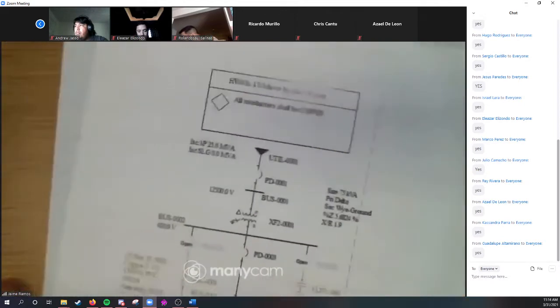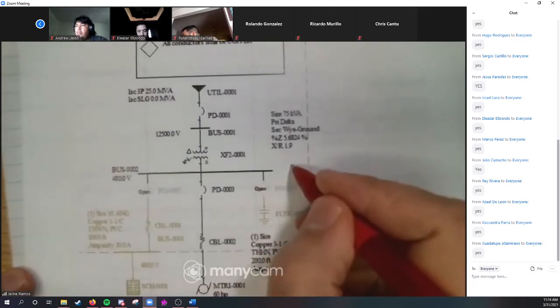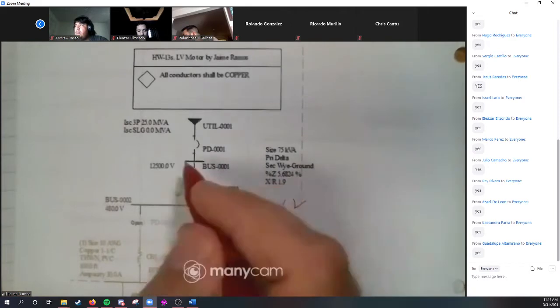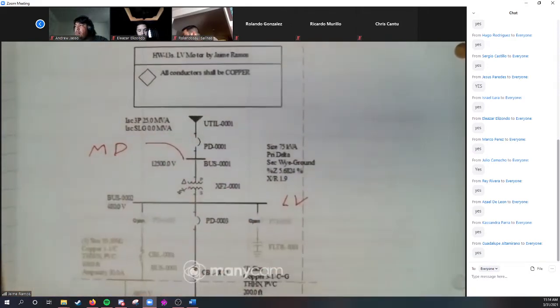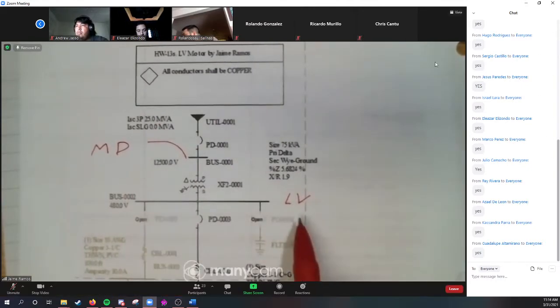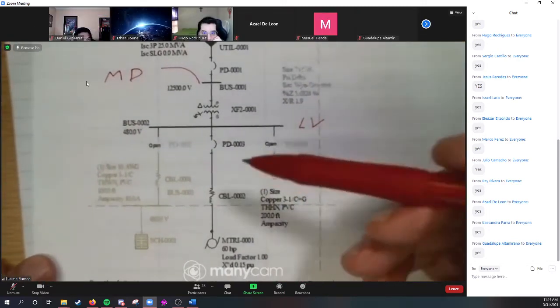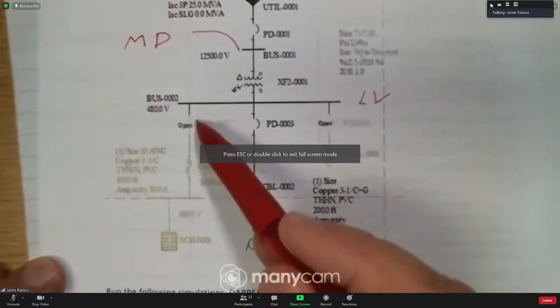So first, look at the bus here. This is the low voltage bus. And then this is the medium voltage bus at 12,000. And then this is at 480. Now, there are three circuits in the low voltage bus.